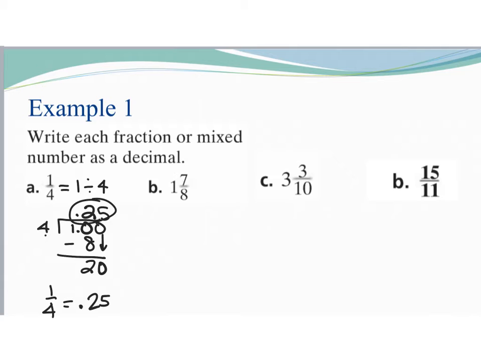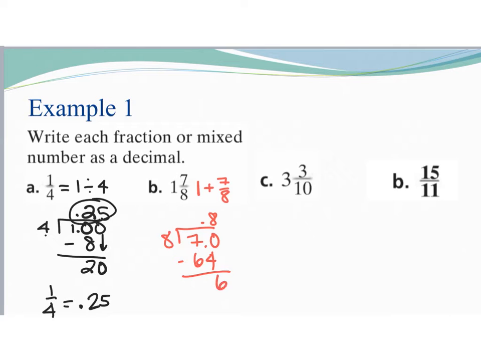Okay, and we can do the same thing for part B. Now, this is really 1 plus 7/8, so I'm only going to do the division with the 7/8. So I'm going to take my 7 and divide it by 8. Here, 8 won't go into 7, so I put my decimal place in, bring a 0, 8 goes into 70 8 times, which gives me 64.